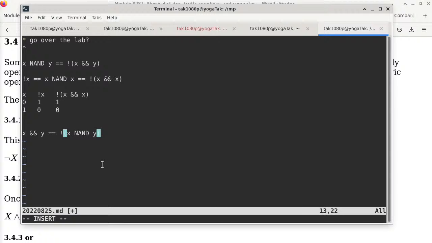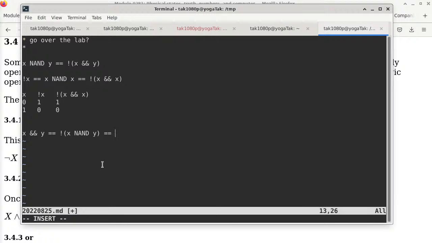So if we negate it again, then we end up with the original AND. But that's not acceptable because I said I only want to use NAND on the right-hand side. This one has a negation on it. So how do we solve that problem? How do we get rid of the exclamation point and somehow only use NAND in the expression?